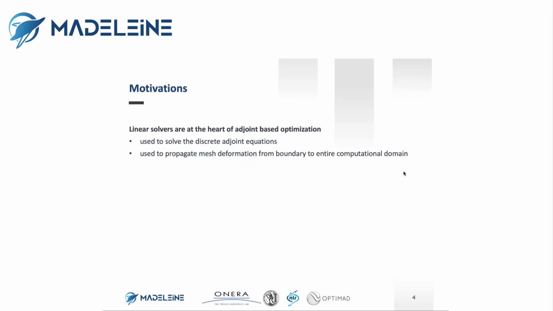This is especially true when we use a discrete adjoint approach. In a discrete adjoint approach, the output of the implementation is often really the matrix directly as a linear system.